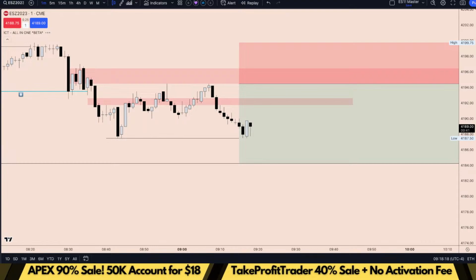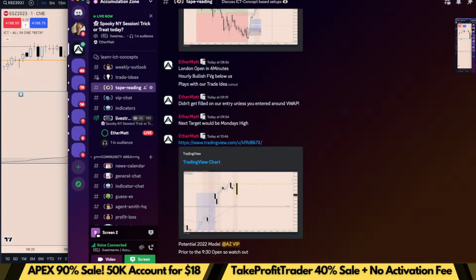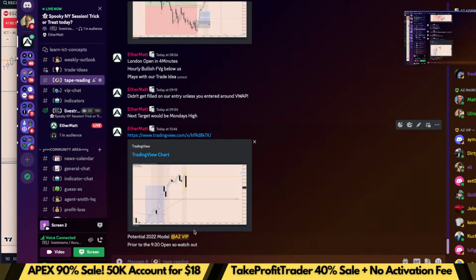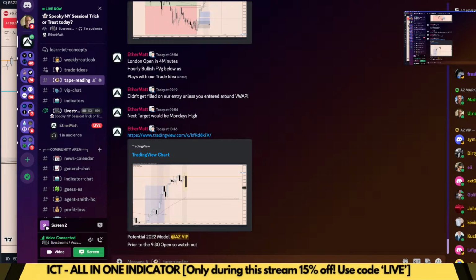Tape reading. Right here, I was talking about the potential 2022 model prior to the 9:30 opening, so watch out at 146. So right here on this candle, 146.